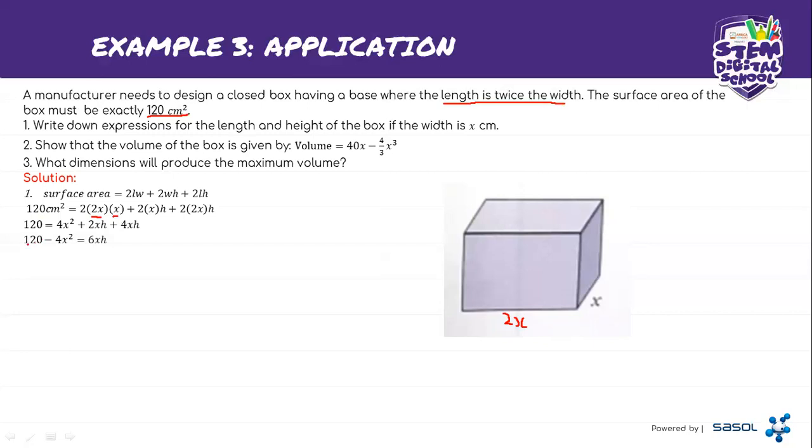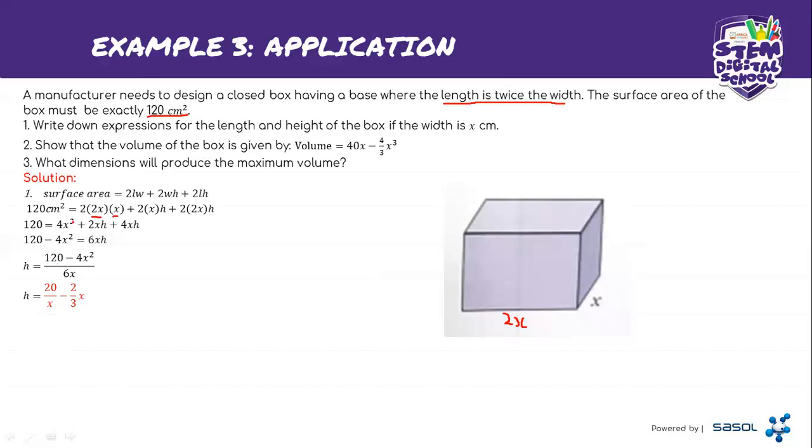Then it's going to give us 120 minus 4x squared equals 6xh. Then we want to make h the subject of the formula, therefore we divide both sides by 6x. If you simplify it, it's going to give us 20 over x minus 2 over 3x. So that is h in terms of x.